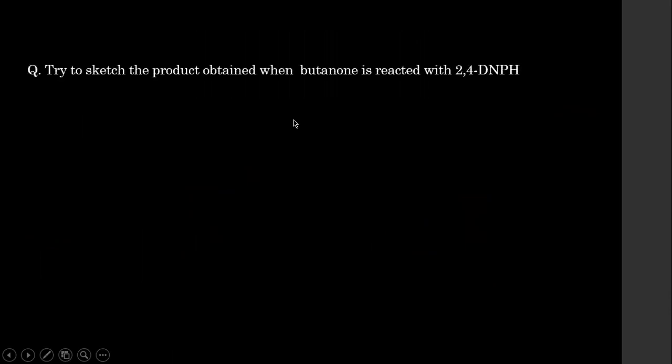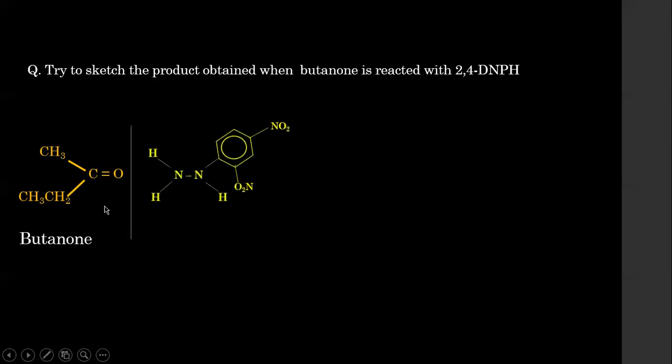Let us see a simple question. Try to sketch the product obtained when butanone is reacted with 2,4-DNPH. Butanone is a ketone having 4 carbon atoms. And if you go with 2,4-DNPH, what will be the product? Take a piece of paper and sketch the structure of the product.